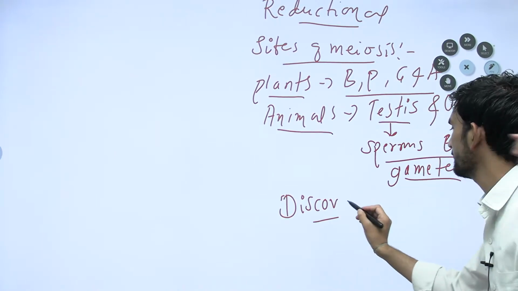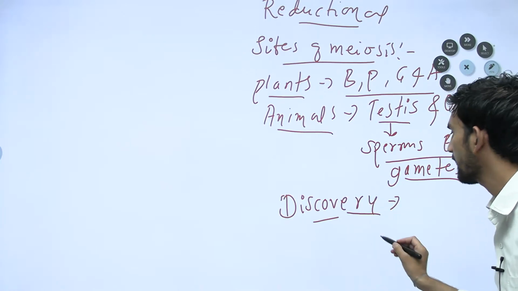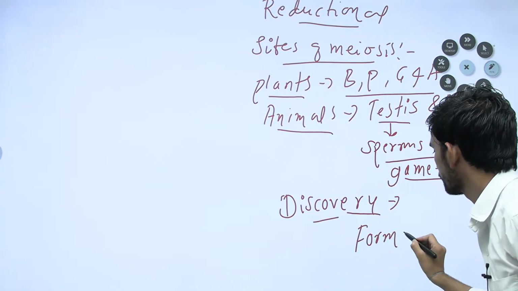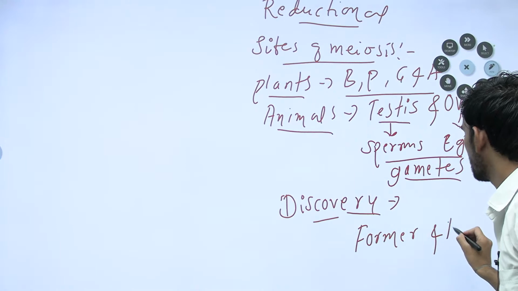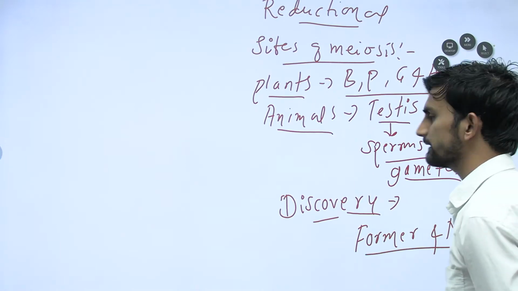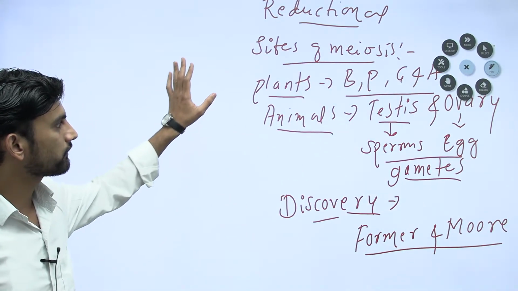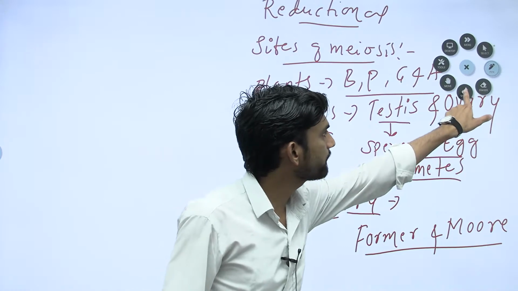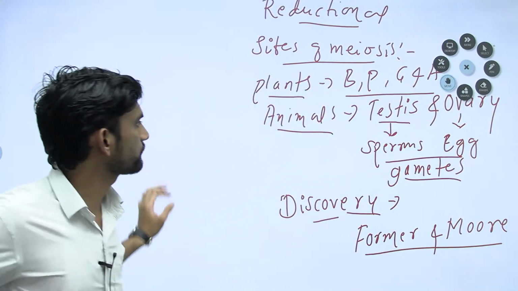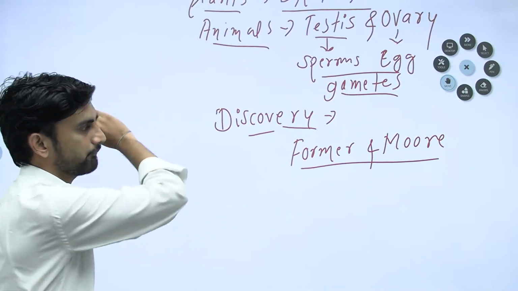This is also a very important point, so underline it. Farmer and another scientist called Murray for the first time explained this meiotic cell division. So this covers the sites as well as the discovery of meiosis.